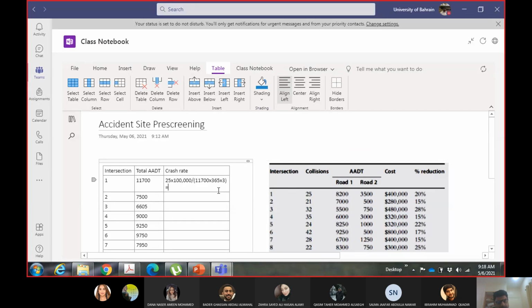So how much is this? 1.95. Okay, the next one, only the volume and the number of crashes will change. So now it is 21 and the volume is this one. 2.56.